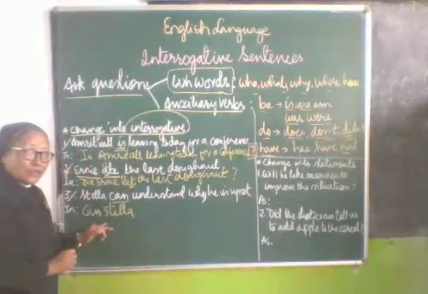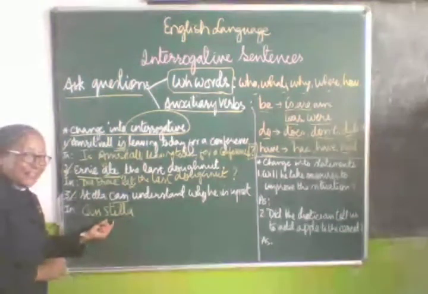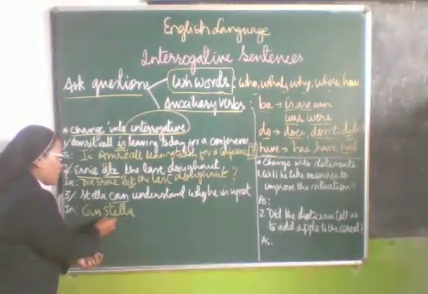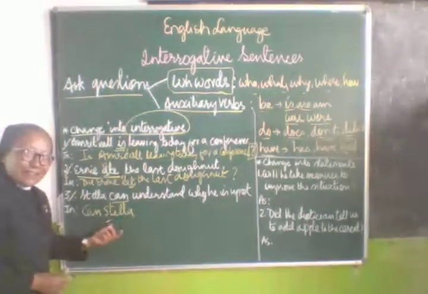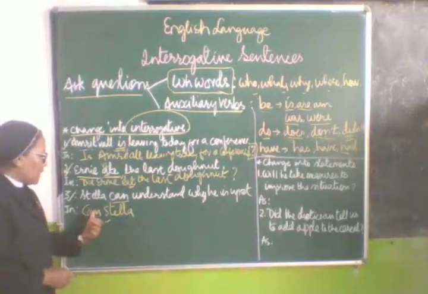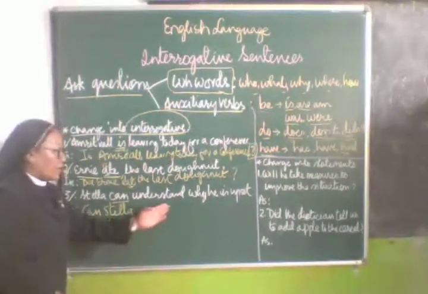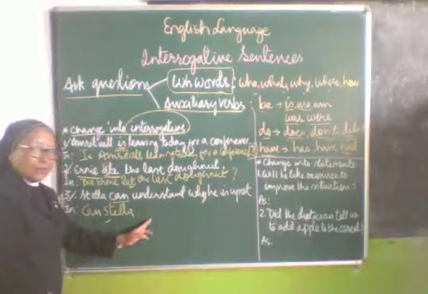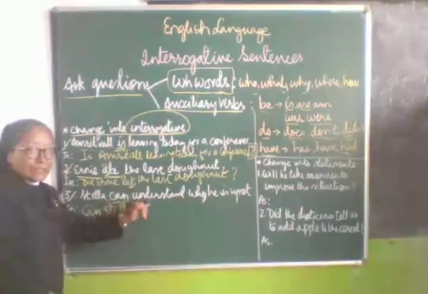And I should remember that since this is a proper noun, I need to write this one in a capital letter. Always proper nouns in capital letters. So can Stella, now my other verb will come. Can understand. So can Stella understand?